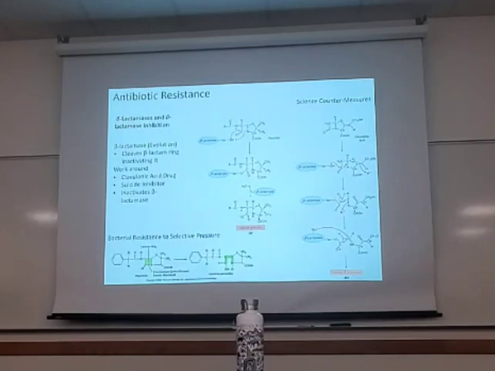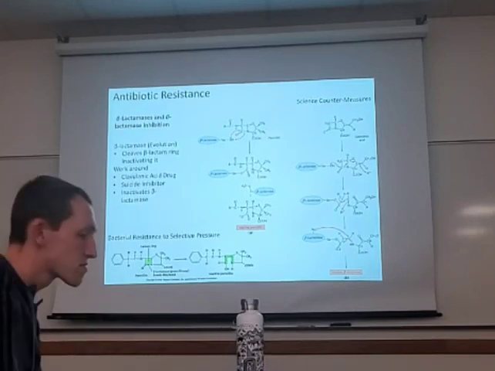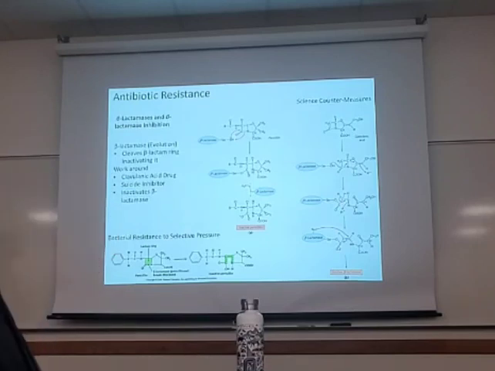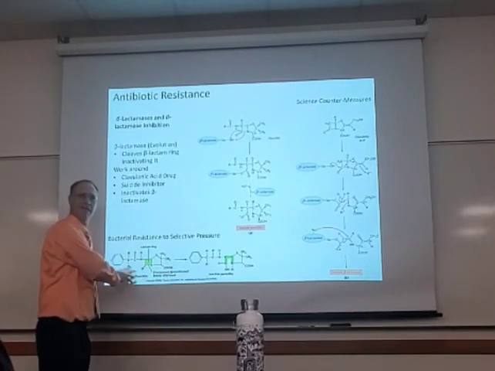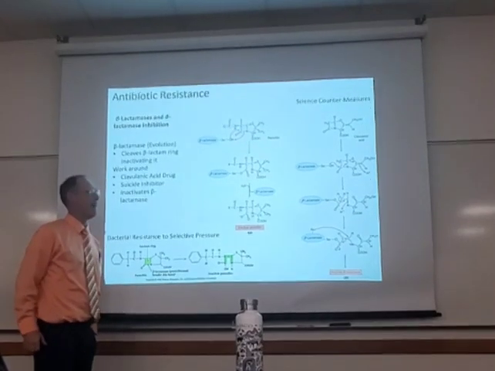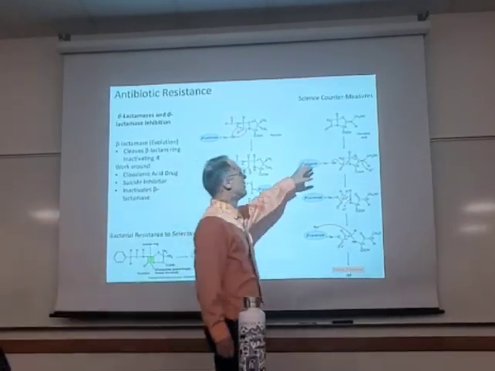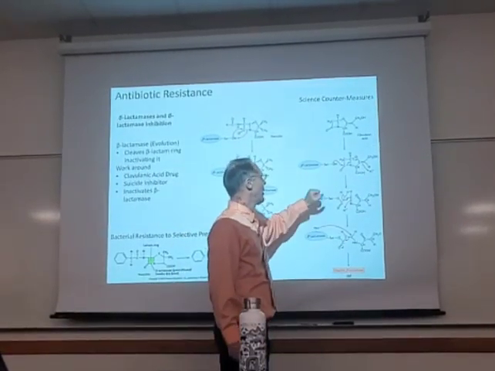Okay, so there is a new enzyme that's been mutated that now can take care of taking out that beta-lactam. And most of our antibiotics are based on that mentality. So we counter. What do we counter with?